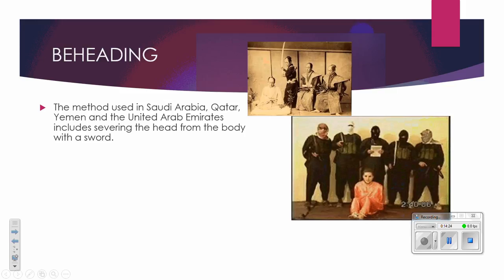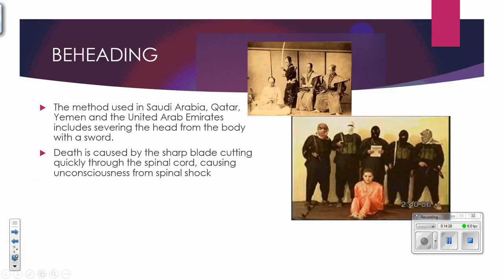It includes severing the head from the body with a sword, of course. Death is caused by the sharp blade cutting quickly through the spinal cord, causing unconsciousness from shock to the spinal cord. I don't know if you realize that. Typically, if you think about a beheading, they come from the back to the front, right? So it hits the spinal cord first. So it should kill you from spinal cord shock.